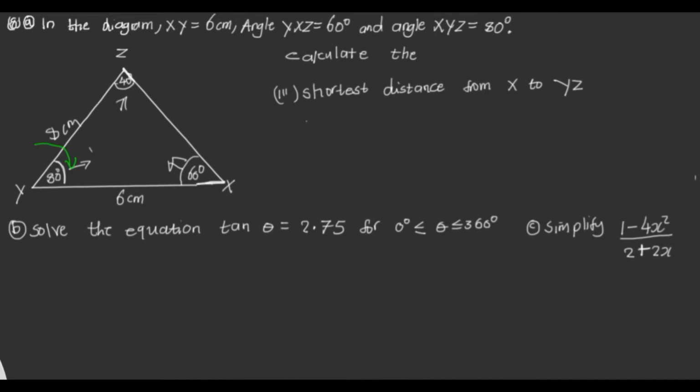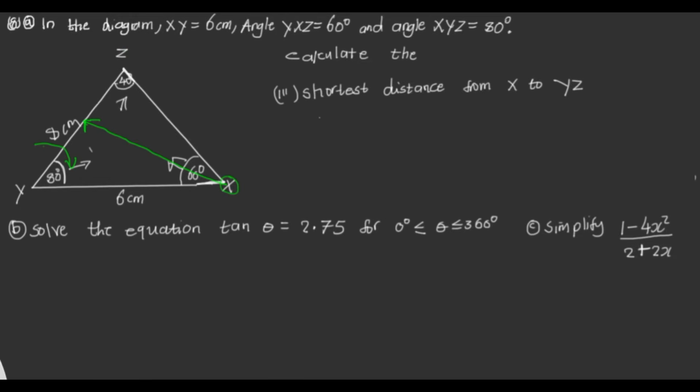We have to calculate the shortest distance from X to YZ. This is the distance that we are trying to find here, our shortest distance. We can see this distance is coming from our point X, touching the line YZ.